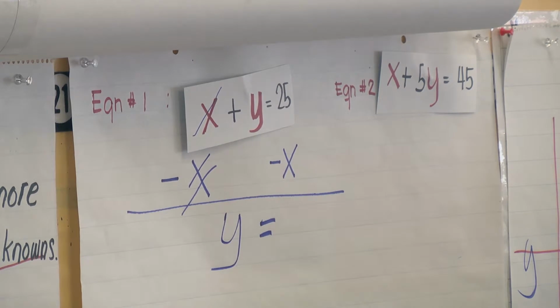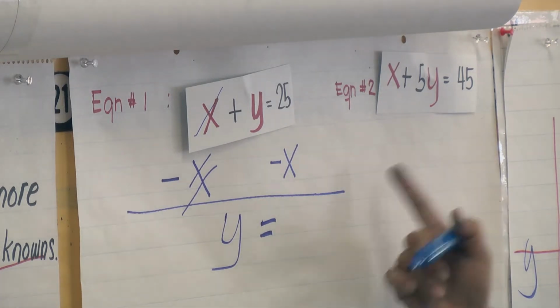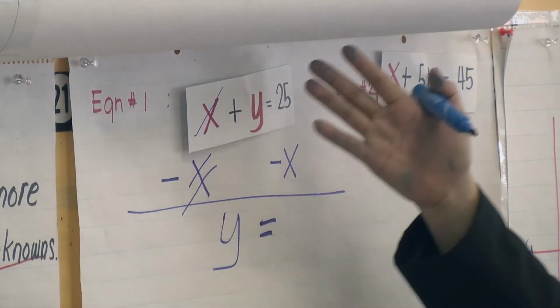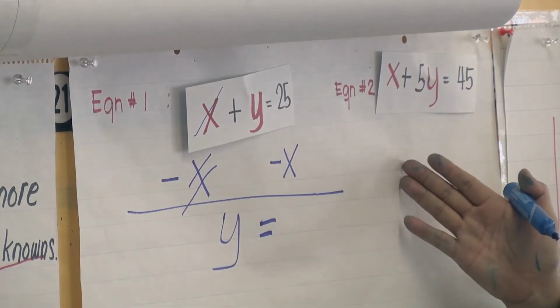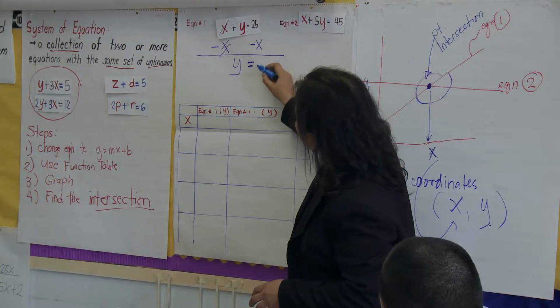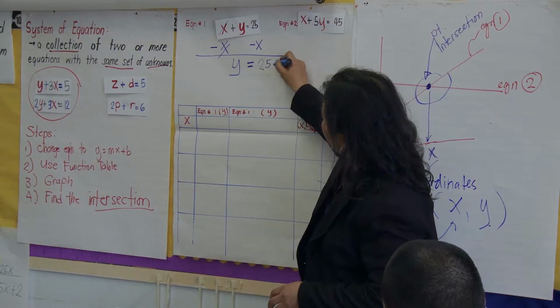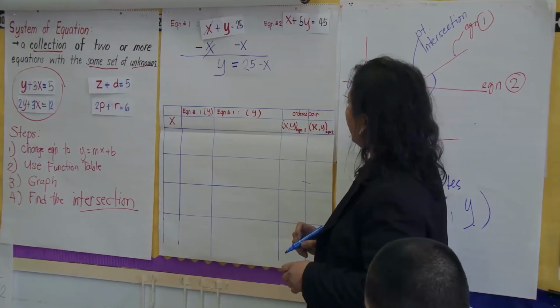What happened to the x? It's crossed out on both sides already. But what really happened to the x? It's going to be on the other side. Remember, you subtracted it on the other side. So remaining here is 25 minus x, okay?